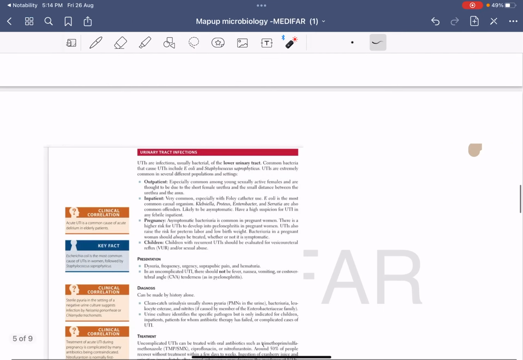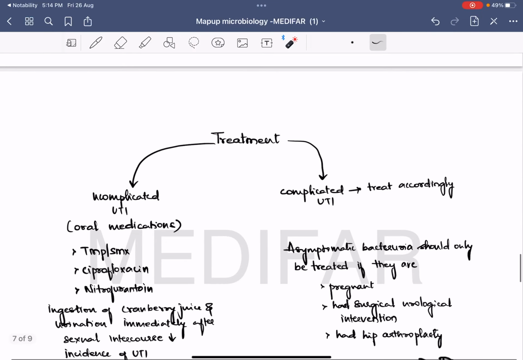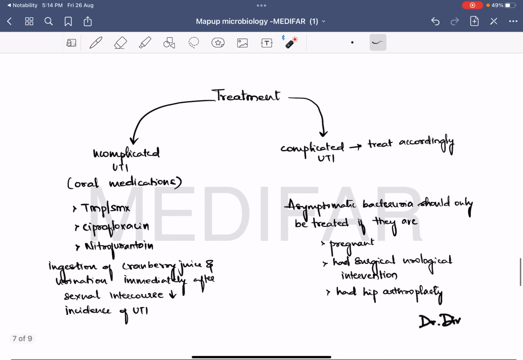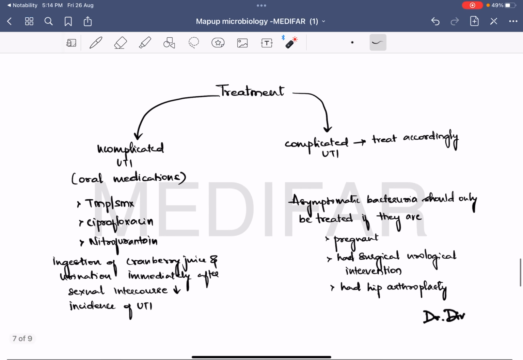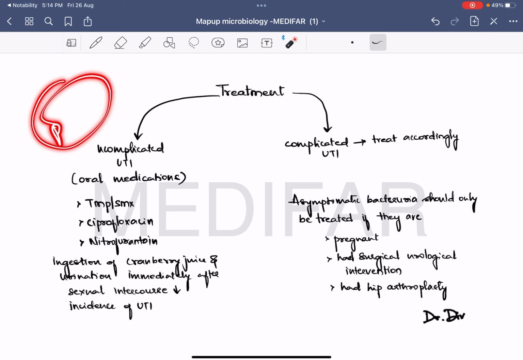So now we are going to the treatment part. Treatment of uncomplicated UTI: you should remember there is no fever, no nausea, vomiting, and no costovertebral angle tenderness. Why? These are the signs of pyelonephritis.